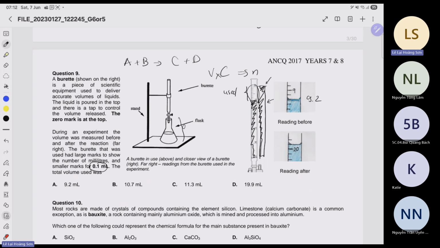So you start the reaction at 9.2, and you end the reaction at, here 20 is one mark above 20, so it's 19.9. So 19.9 minus 9.2 is going to be 10.7. So the answer is B.